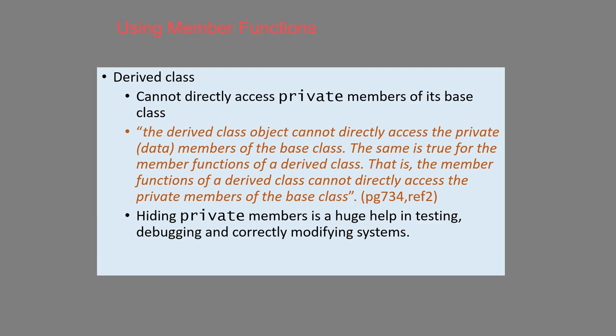That is, the member functions of a derived class cannot directly access the private members of the base class. This hiding of private members is what gives you control, or security. For example, parts of the program that you don't want to give access to outside, you make private.